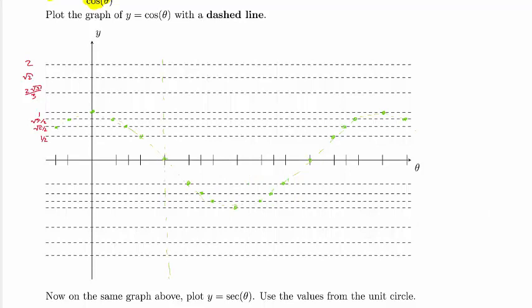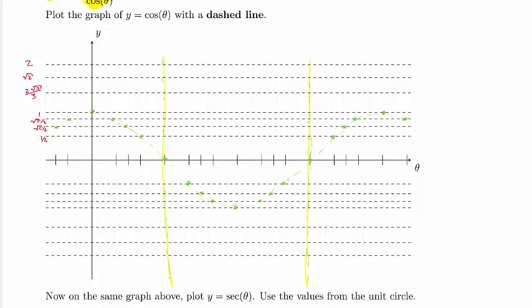And then another one at 3 pi over 2, which is right here. And again, note that these discontinuities are occurring precisely where the cosine function crosses the x-axis. Or, I'm sorry, the theta axis.